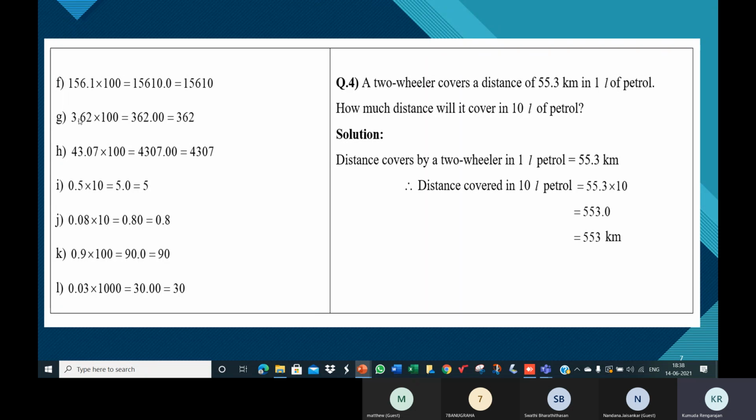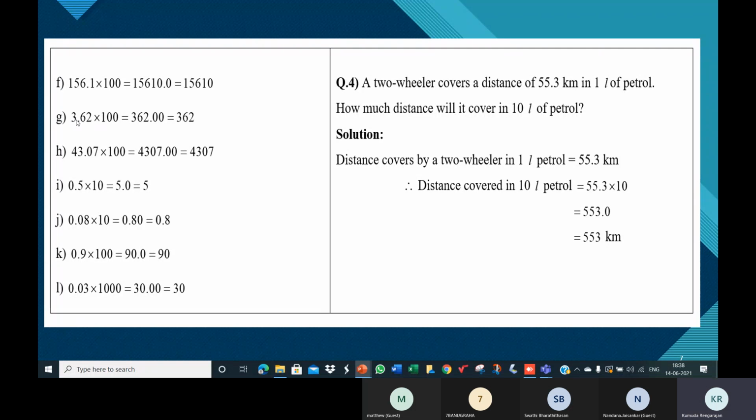Multiply as if there is no decimal point. What is 362 into 100? 36200. Don't see the decimal point now.